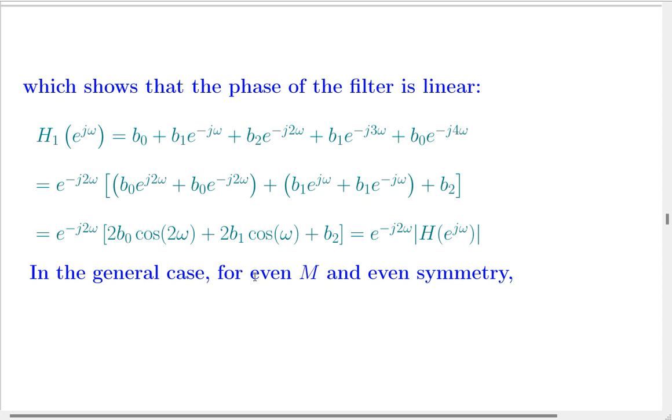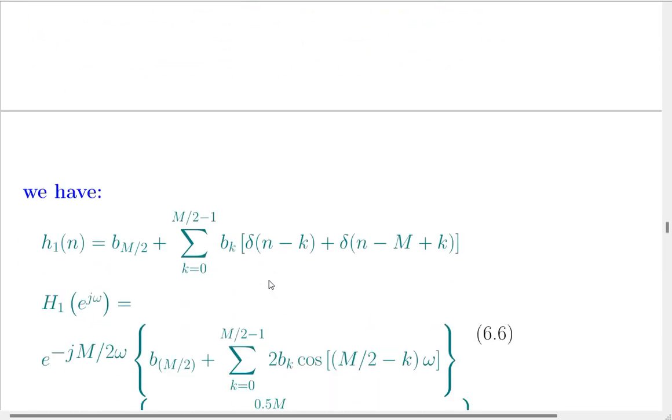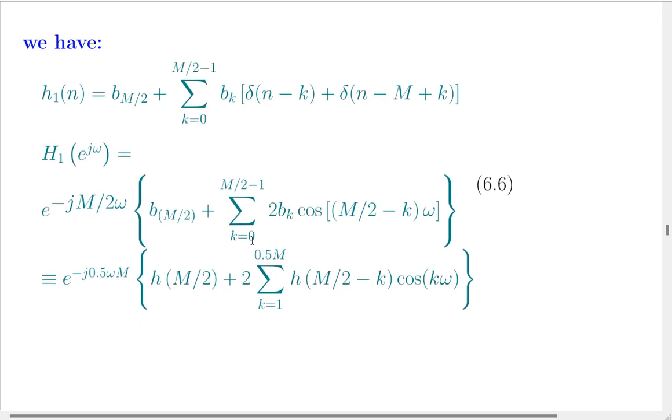In the general case, for even M and even symmetry, it was an example, we find in general form: h1 of n will be b of M over 2 plus summation k from 0 up to M over 2 minus 1 of bk times delta n minus k plus delta n minus M plus k.